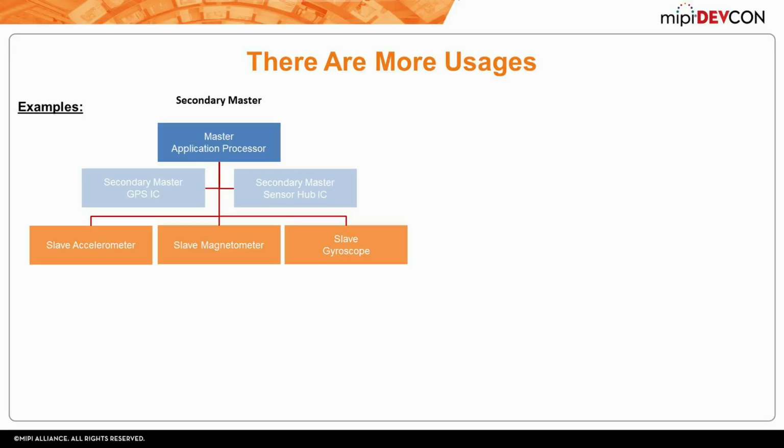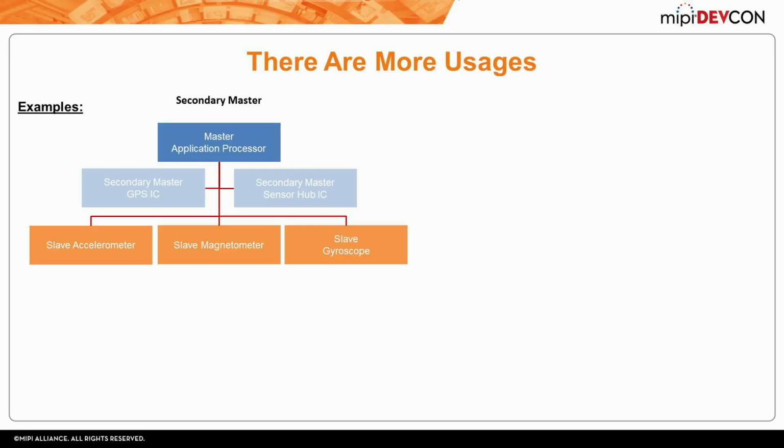You can envision, let's say, a master or application processor, and you may have a sensor hub, you may have a GPS IC, some significant silicon there, in addition to sensors, in this case the inertial sensors: accelerometers, magnetometers, and gyroscopes. But all three of these intelligent things would like to subscribe to that data. They would like access to that data.